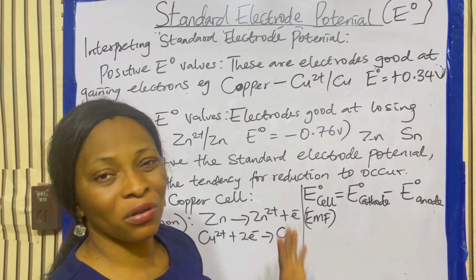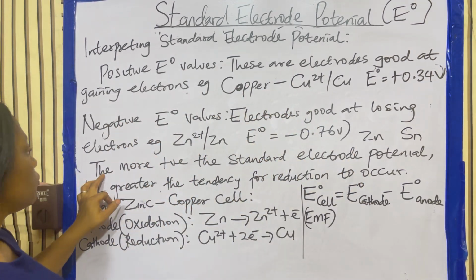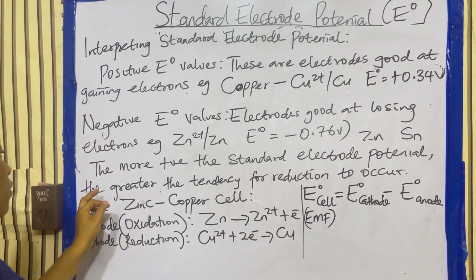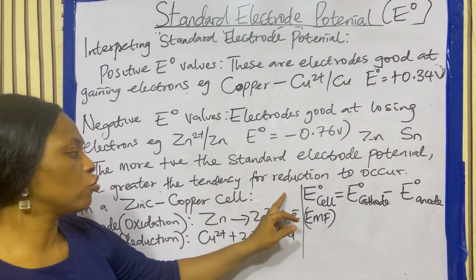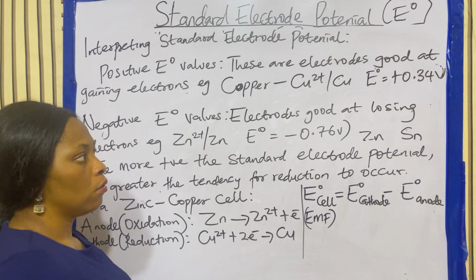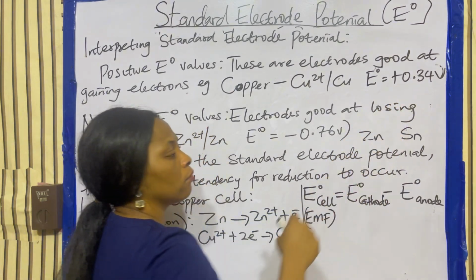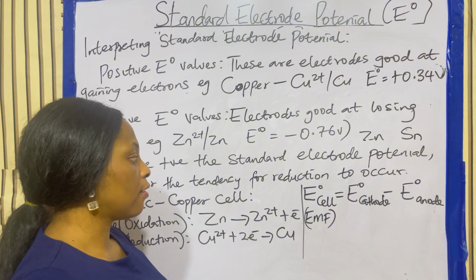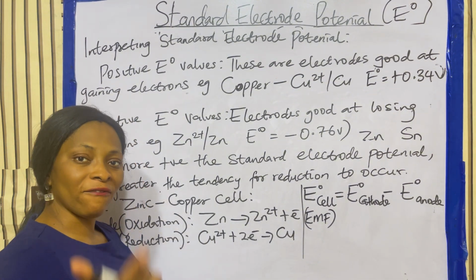So that's basically what this is talking about. Now, the more positive the standard electrode potential, the greater the tendency for reduction to occur, and vice versa.